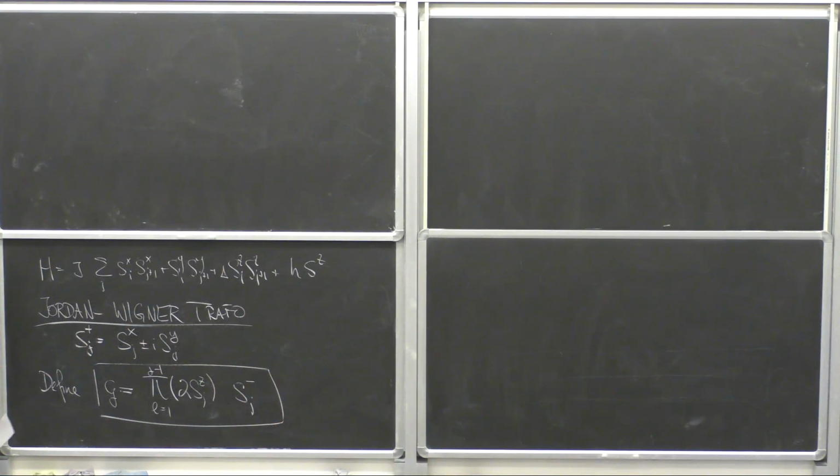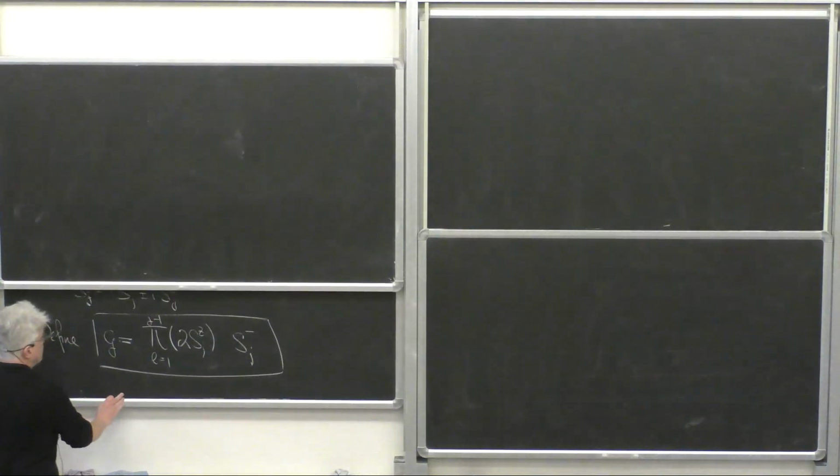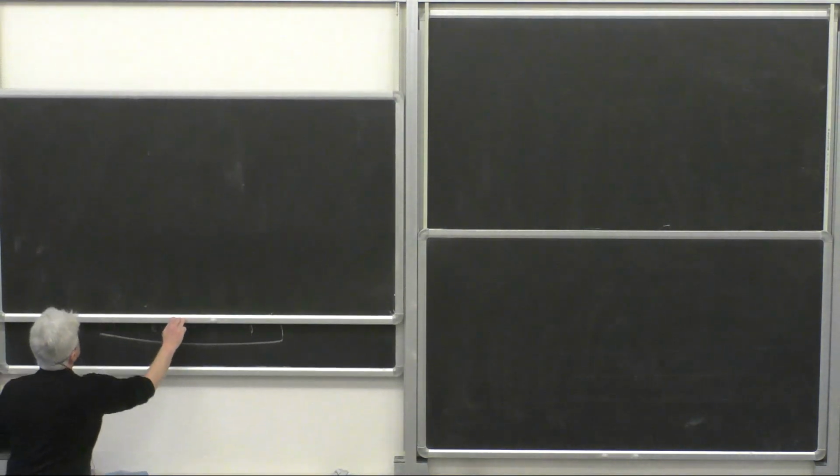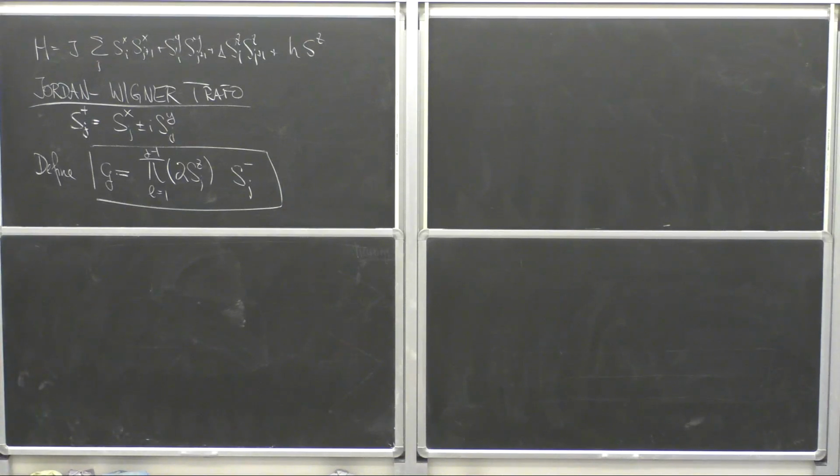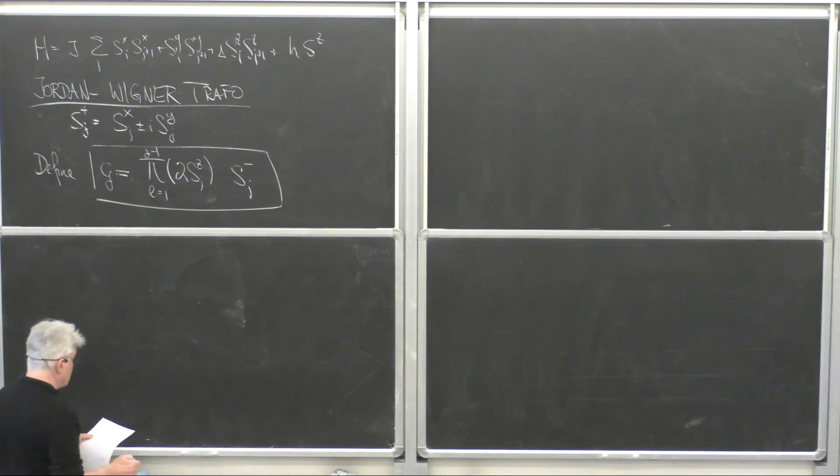Okay? And then, of course, there's also the Hermitian conjugate of this operator, which I call c dagger j, obviously.